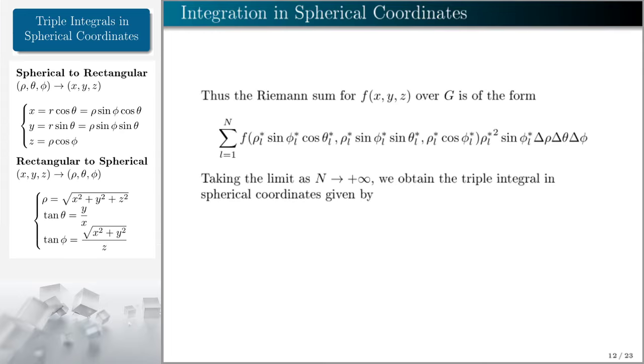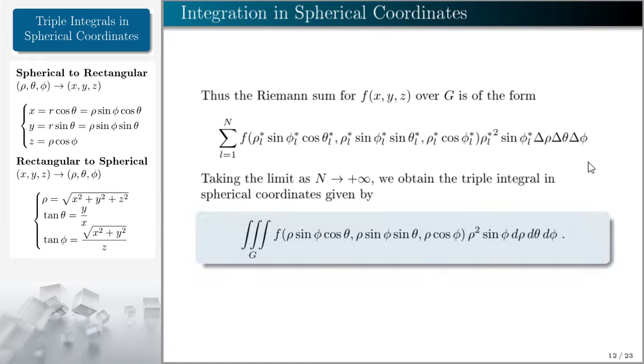Then, of course, as you have seen many times before, if I let n go to infinity, this will become much finer, giving us this very beautiful quantity, the triple integral of f evaluated on the converted x, y, z times rho squared sine phi d rho, d theta, and d phi.